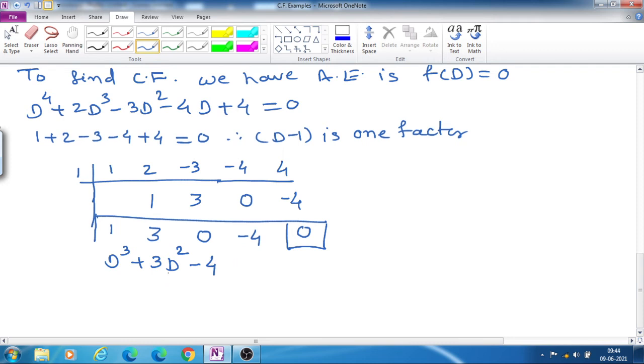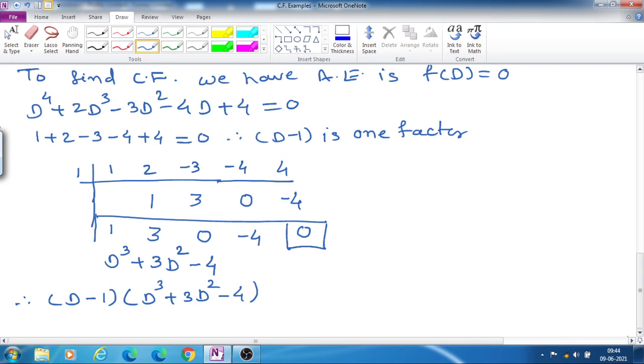So this is our other factor. Therefore our factors are: first factor D − 1 and second factor D³ + 3D² − 4.